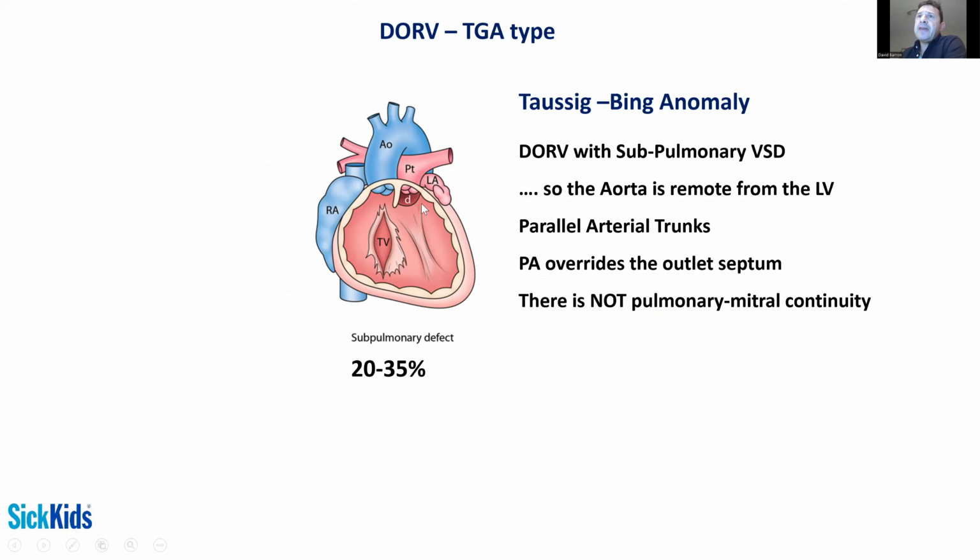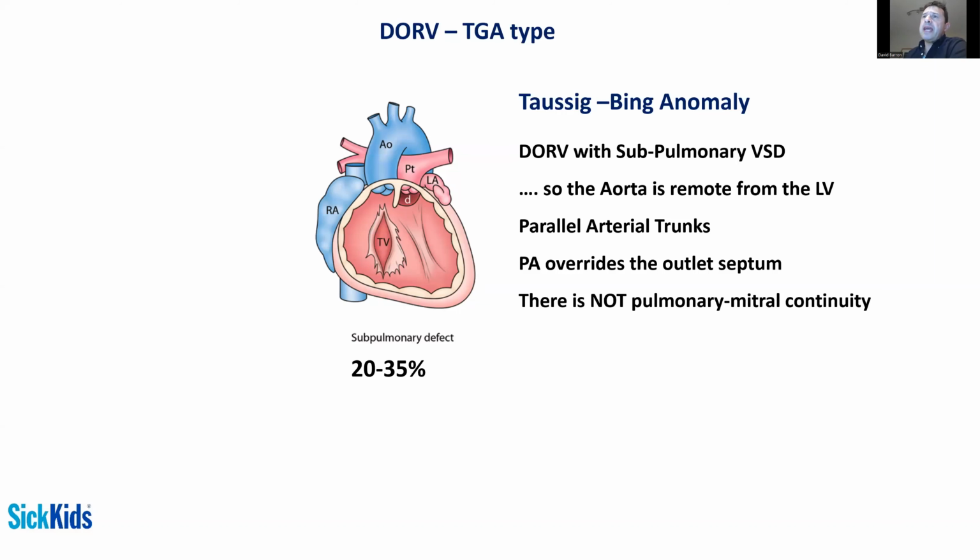And having a subpulmonary defect really tells us that the aorta is remote from the VSD. The aorta is anterior and it is more distant from the ventricular septum than the pulmonary route is. The arterial trunks tend to be relatively parallel, or even with the aorta more anterior than the pulmonary artery.